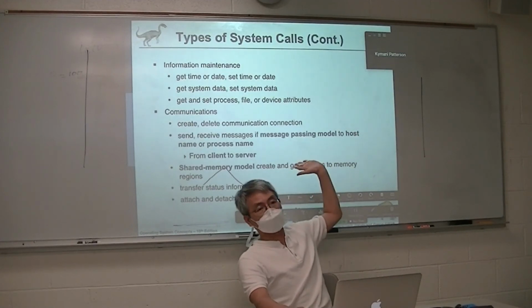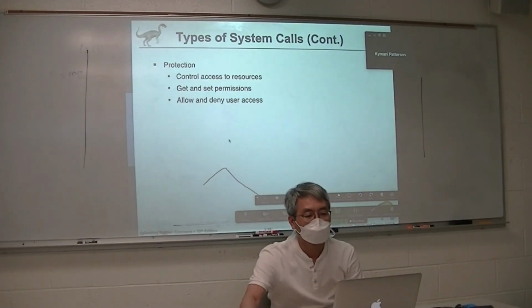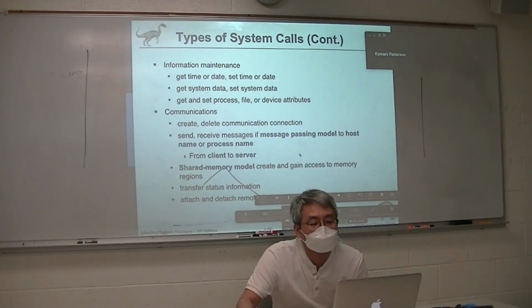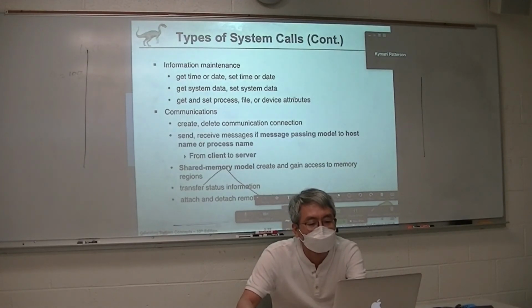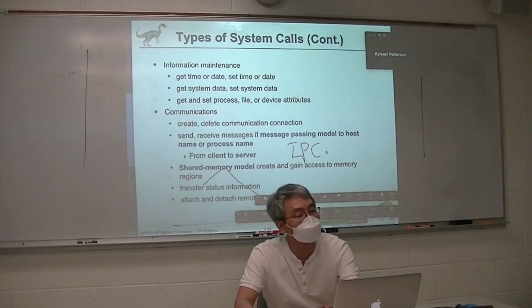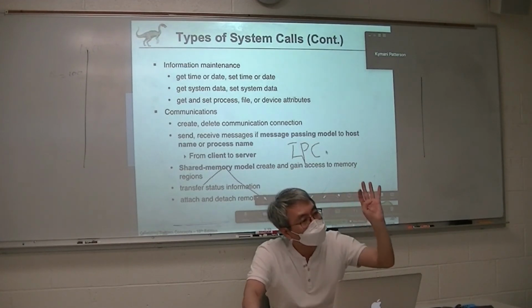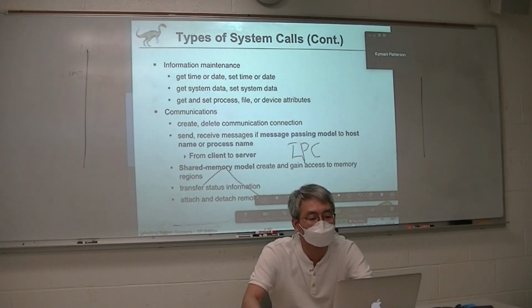We will see more details during process management, how they connect to each other, which is called the IPC. So inter-process communication. IPC has several ways using shared memory, and also using pipes, and then you can use the socket program, the network program for the communication.